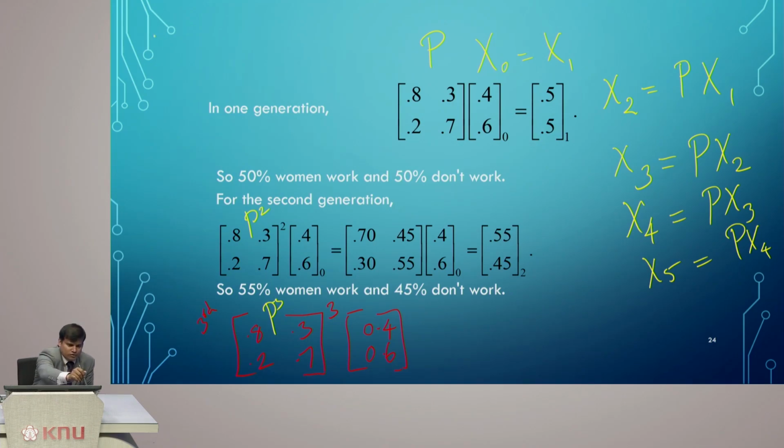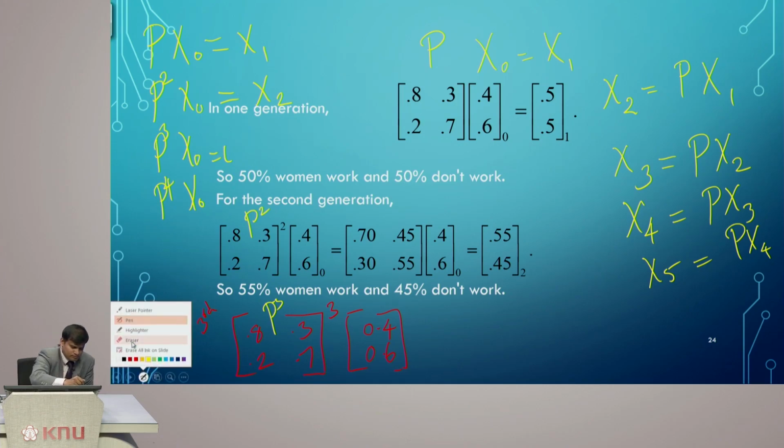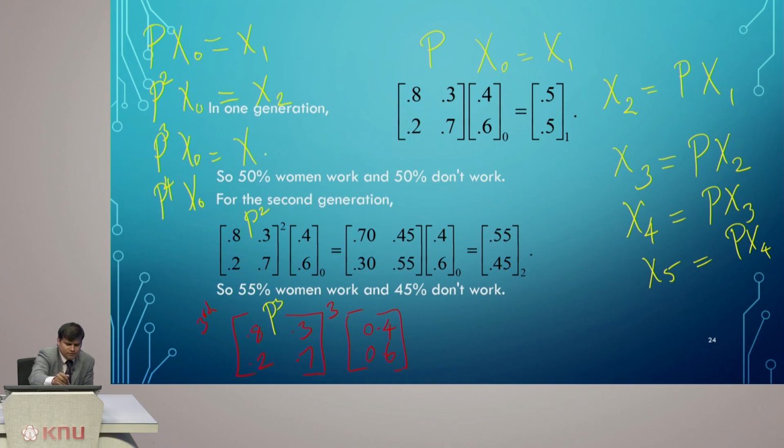You can also go for P x naught, P squared x naught, where x naught is the initial distribution, P power 3 x naught, P power 4 x naught. So this gives you x3, x4 and so on. So that gives you the whole information.